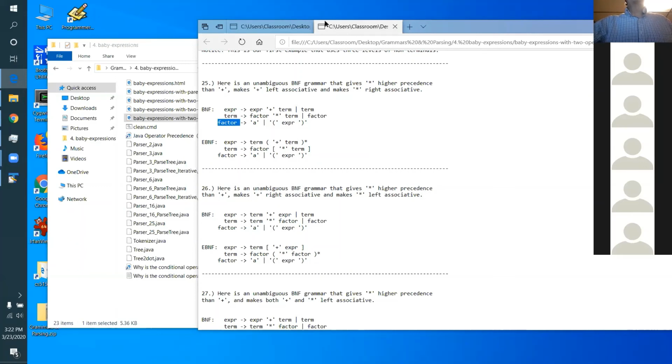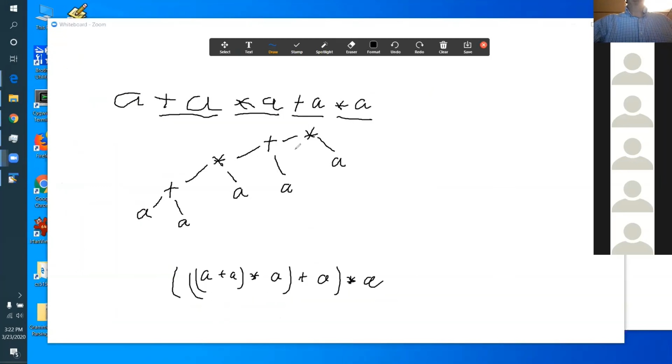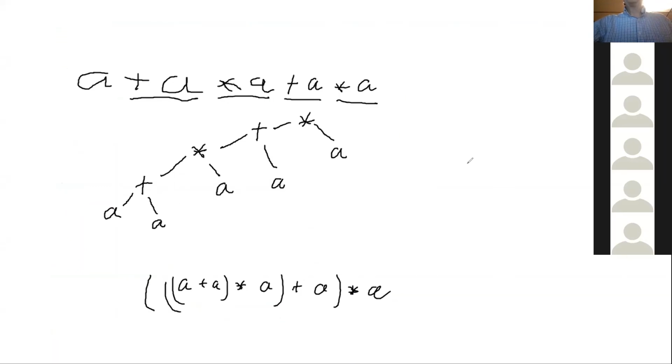Let me switch back to the whiteboard, just to remind you of something from calculus class. If you write something like a polynomial, like 3x squared plus 5xy, there's a polynomial.